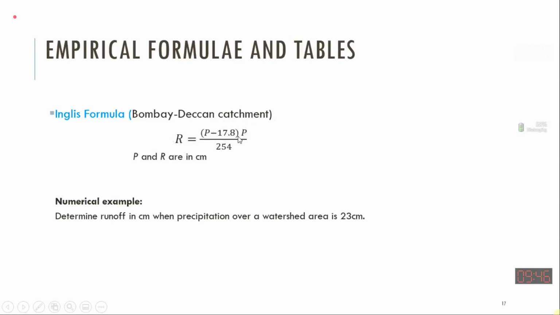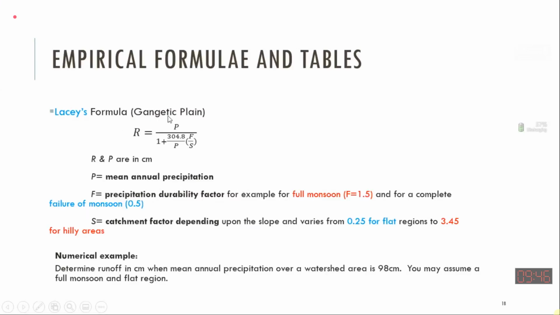Below that, it will yield a negative result, and of course negative runoff is not possible. Either it will be zero or there will be some runoff. Negative runoff has no concept in hydrology. So when precipitation is more than 17.8, runoff should be computed; otherwise, say that runoff is zero. When precipitation is given as 23, put the P value over here and you will get the runoff. So this is an empirical formula, good for Bombay Deccan catchments.